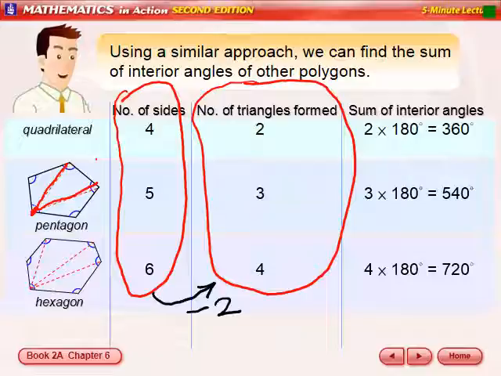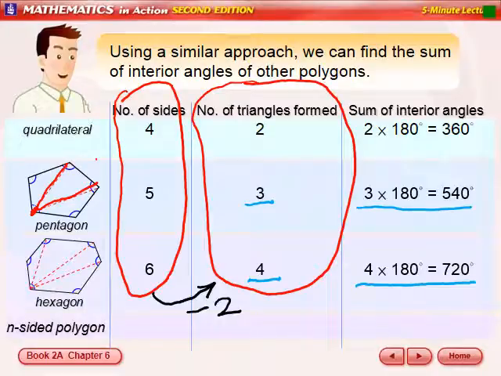If there are 3 triangles, the sum of interior angles would be 3 times 180 degrees, and if the number of triangles is 4, it is 4 times 180 degrees. Similarly, we can find the sum of interior angles for any polygon, let's say an n-side polygon. For example, a 10-side polygon, a 12-side polygon, and even a 100-side polygon.